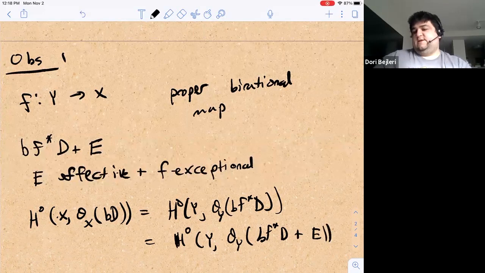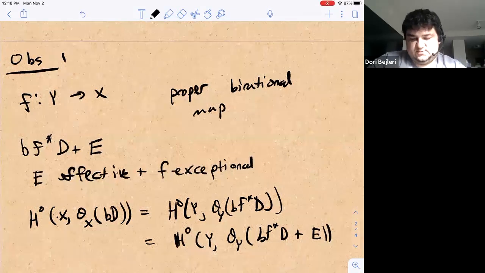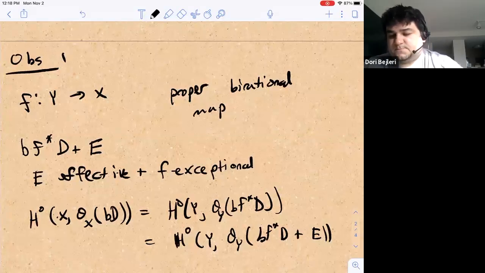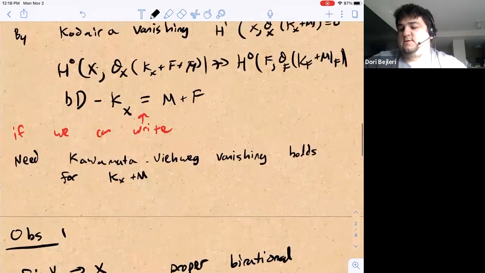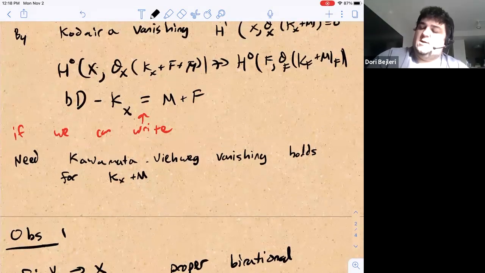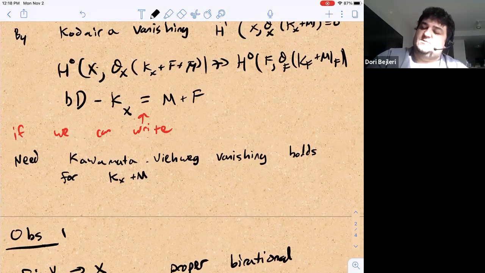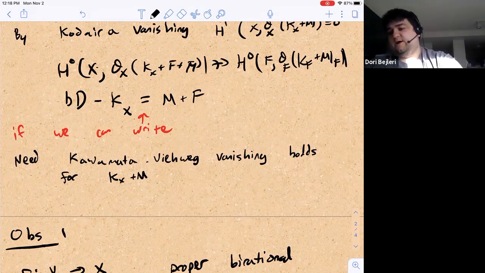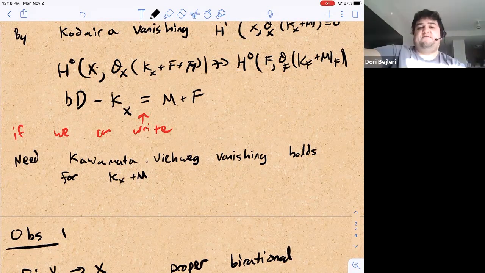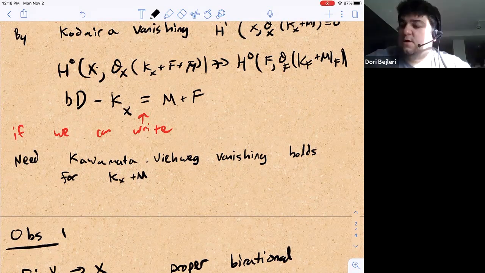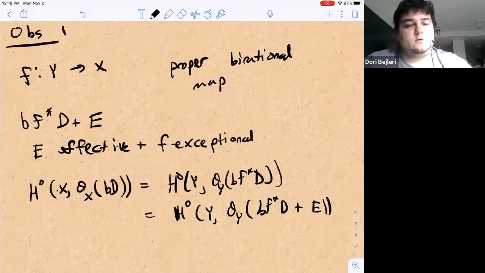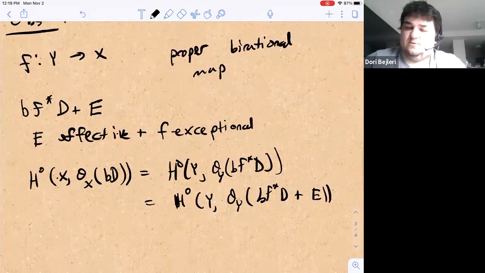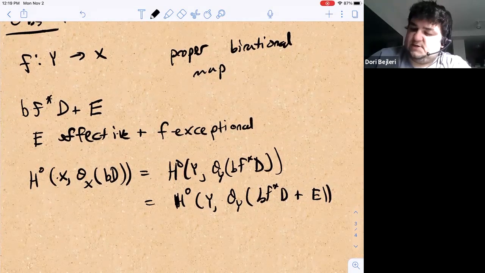So we have this flexibility to add some exceptionals for this resolution to get an expression of the form: the thing we want minus K_X is equal to something where we have a piece that we can apply Kawamata-Viehweg vanishing to, and then a piece F that we can induct with. Okay, so let's write down exactly what we need in this setting upstairs.